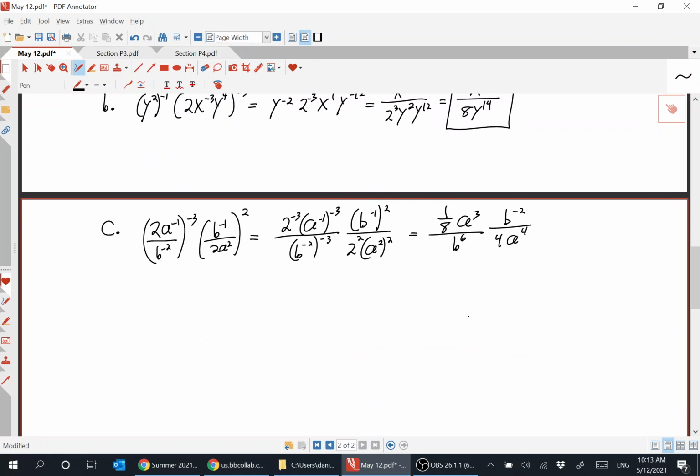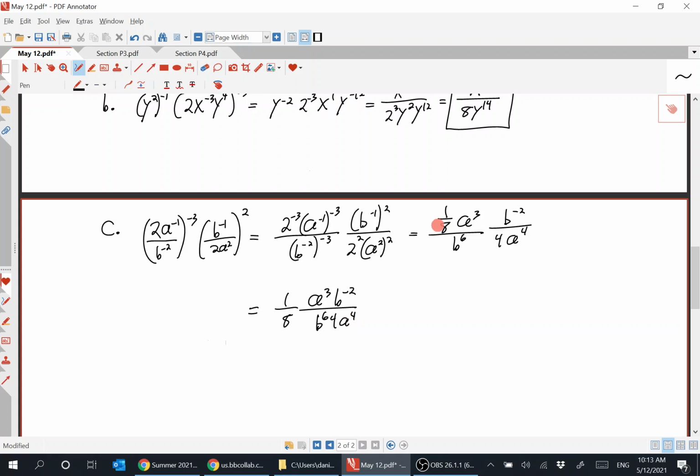Now, remember, one fraction times another fraction, you just multiply the numerators and multiply the denominators. So this is equal to 1/8 a to the 3rd. I'm going to take this 1/8 and put it out front. So 1/8 a to the 3rd, b to the minus 2, b to the 6th, 4a to the 4th.